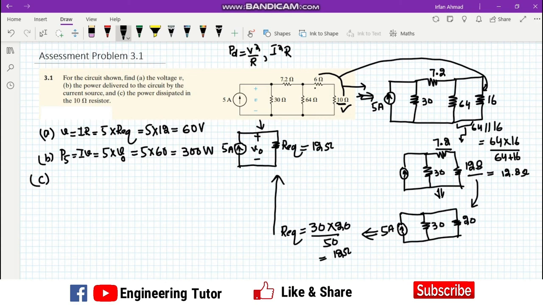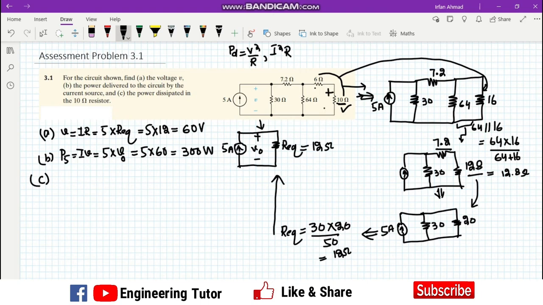Similarly, if the current is passing through the element, we can also find the power dissipation. So to find the power dissipation, we should have the voltage here.